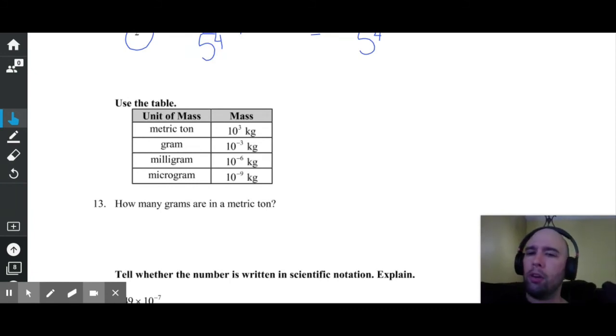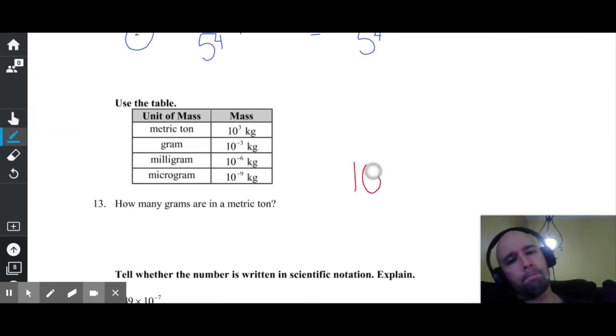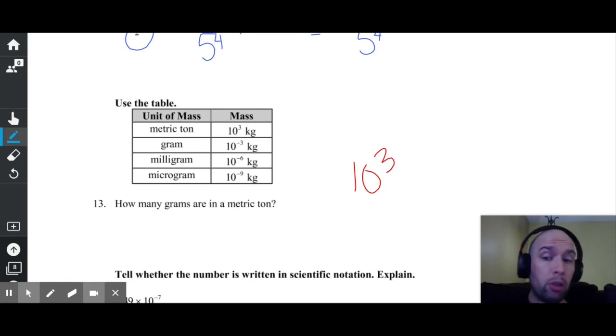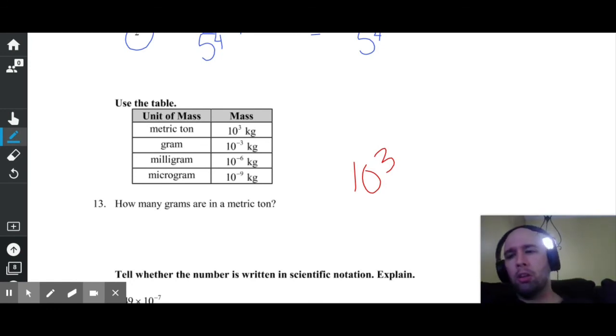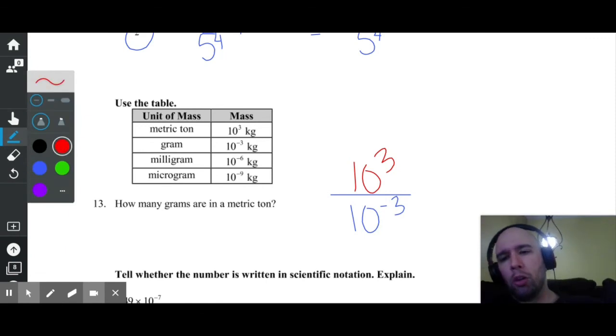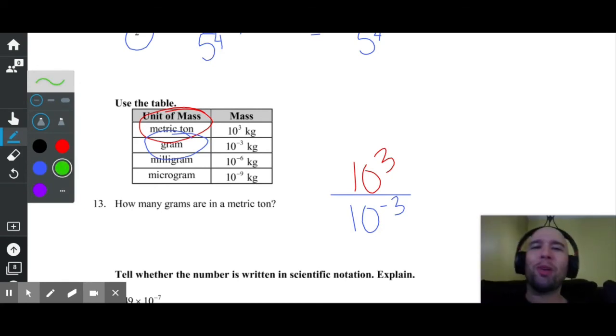All right, so we have ourselves a metric ton. I have to find out how many grams are in a metric ton. And so what I'm going to do is I'm going to divide. So metric ton is my total amount, and I'm going to divide out the number of grams, which I made blue. Looking at this guy, grams is what I call my grandma.